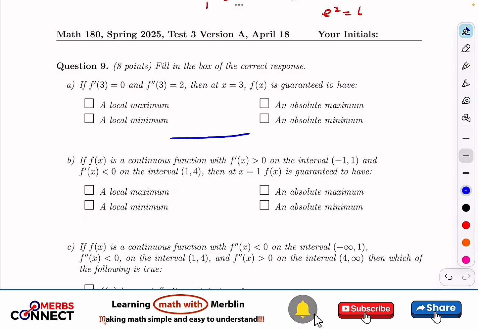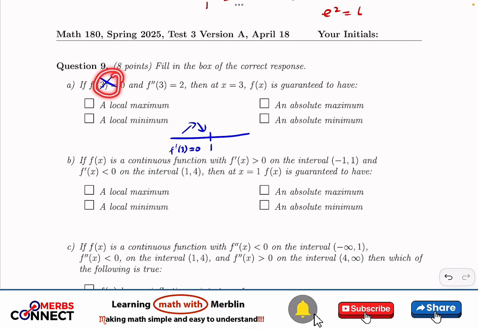If I have, let me say, 1 here, and I pick f prime of 3 and I'm getting 0, this is not telling me anything. It's just 0. So I don't know whether the function is increasing or decreasing. This is telling us that we should move to the next one, which is f double prime.